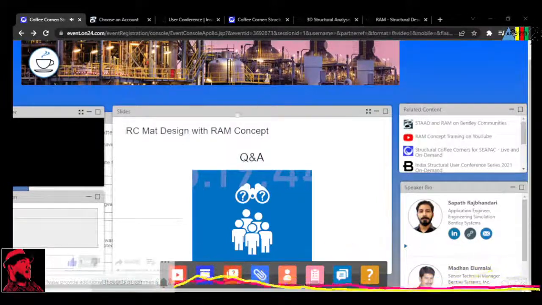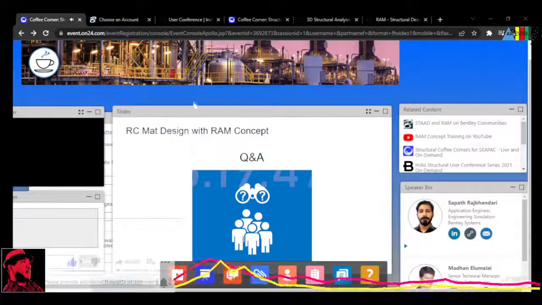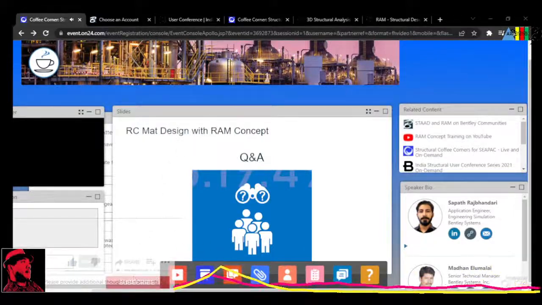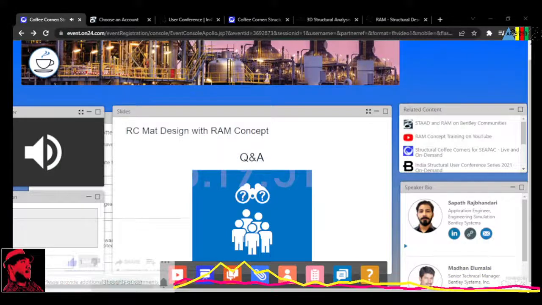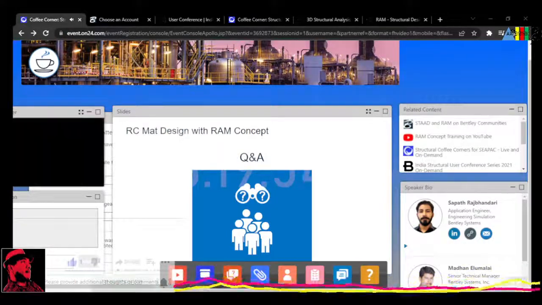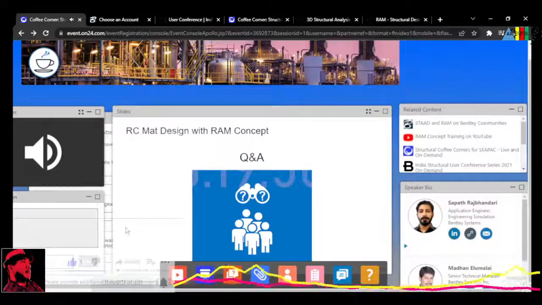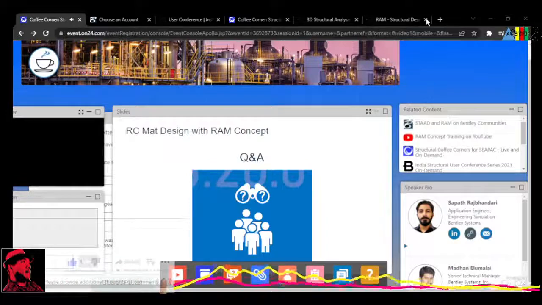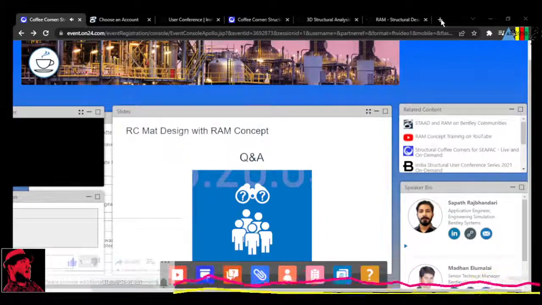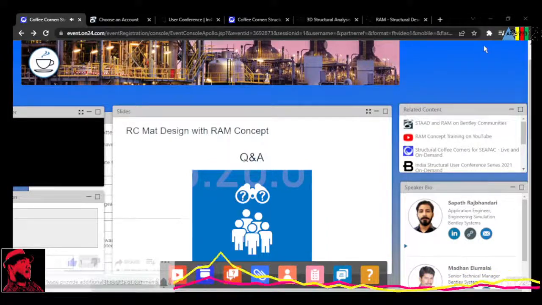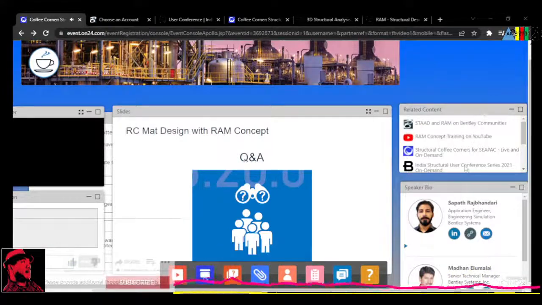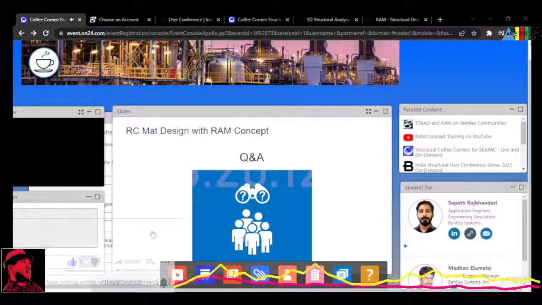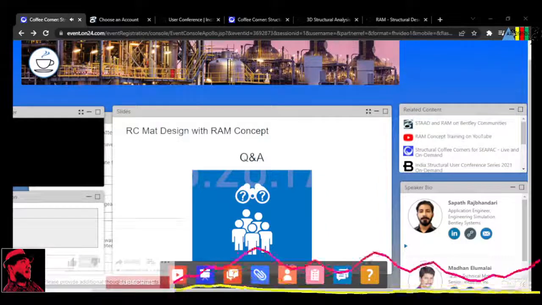We don't have anything in RAM Concept for accurately modeling a sloped raft foundation or sloped elevated slab. If the slope is very mild, you can just simply use the same level, or if it's very steep, you can model steps in the mat. Again, I would like to follow up on this question. Seems like a tricky one.